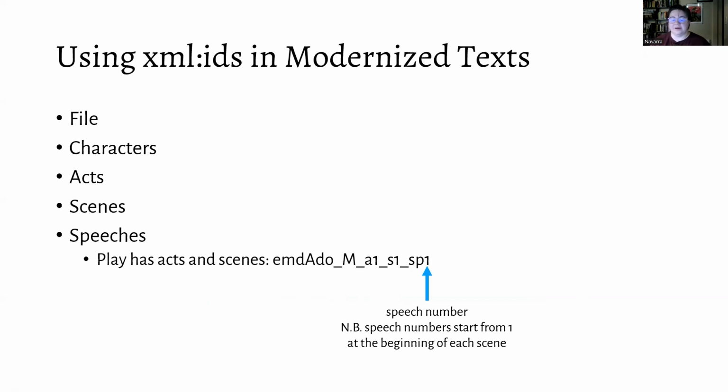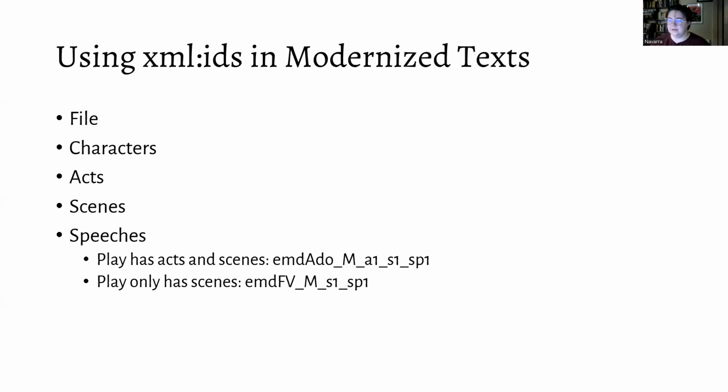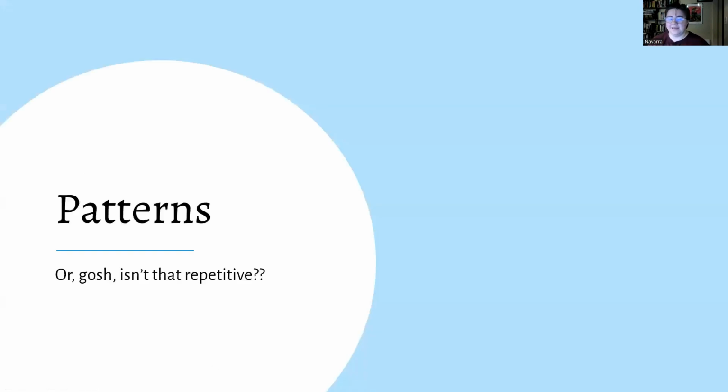Speech numbers start from 1 at the beginning of each scene. If your play only has scenes, again, you just take out that A for act signifier because you don't have them. And this is where I say, oh my goodness, isn't that repetitive? Yes, it is, and that's intentional.